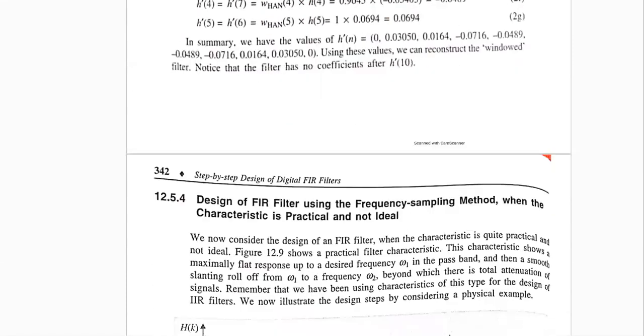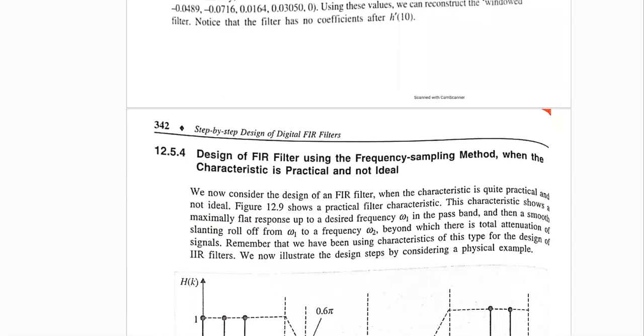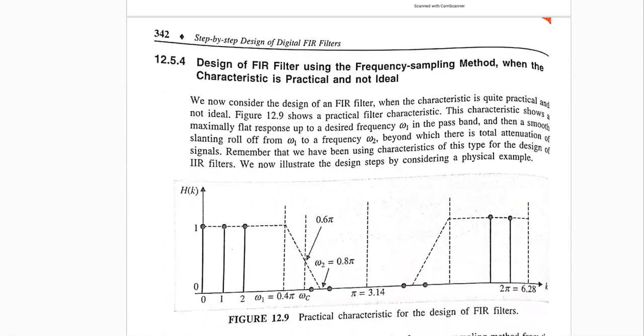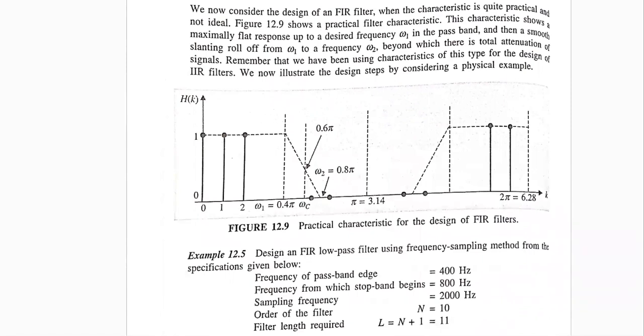Now, design of an FIR filter using the frequency sampling method when the characteristic is practical and not ideal. What does it mean? Previously, we gave a sharp change like this. Now it is defined as a practical change, so it might be like this.